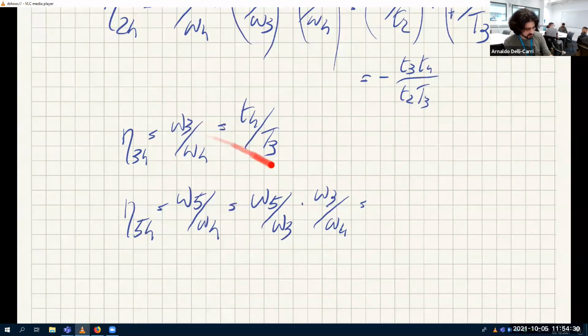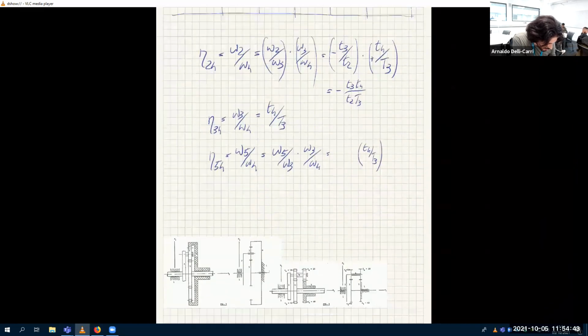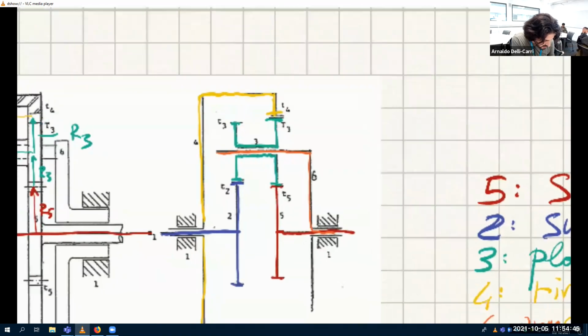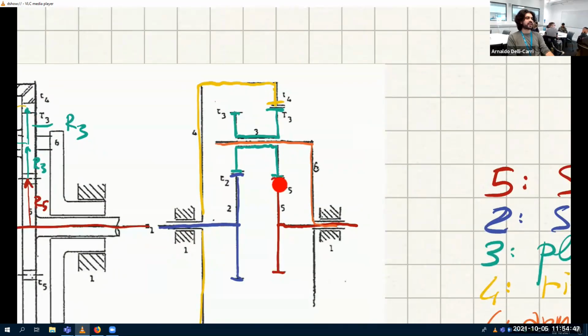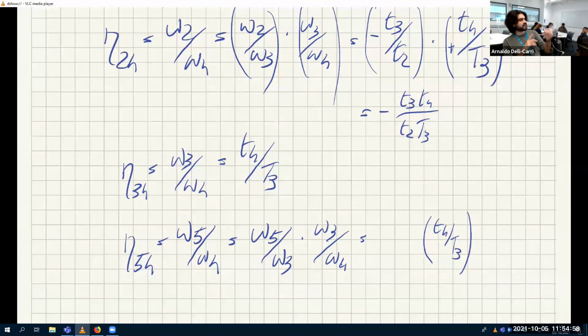We did this already. So the second one is given: t4 over capital T3. And the second one is omega 5 over omega 3. They do mesh internally or externally? Externally. So positive or negative? Negative. So omega 5 over omega 3 is capital T3 over t5, negative.